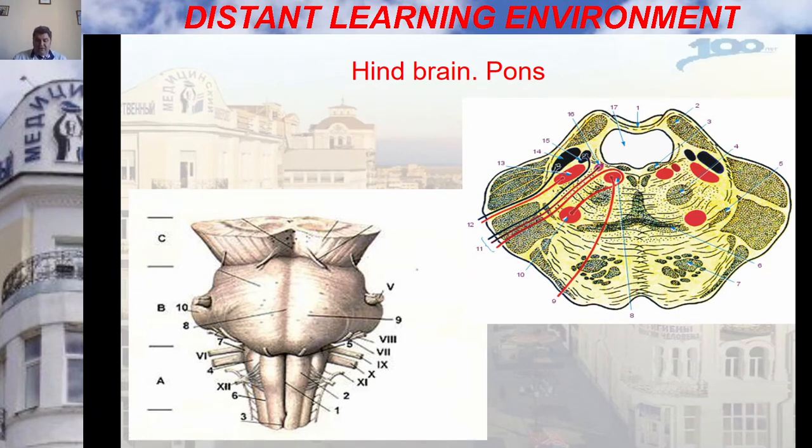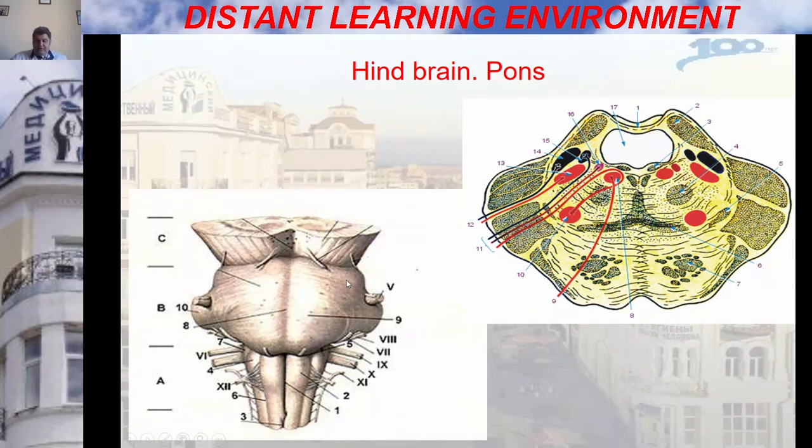The dorsal surface of the pons is not visible because it is hidden by the cerebellum. It forms the upper part of the rhomboid fossa, the floor of the fourth ventricle. You may see this part here, and also you may see the middle peduncles of the cerebellum.